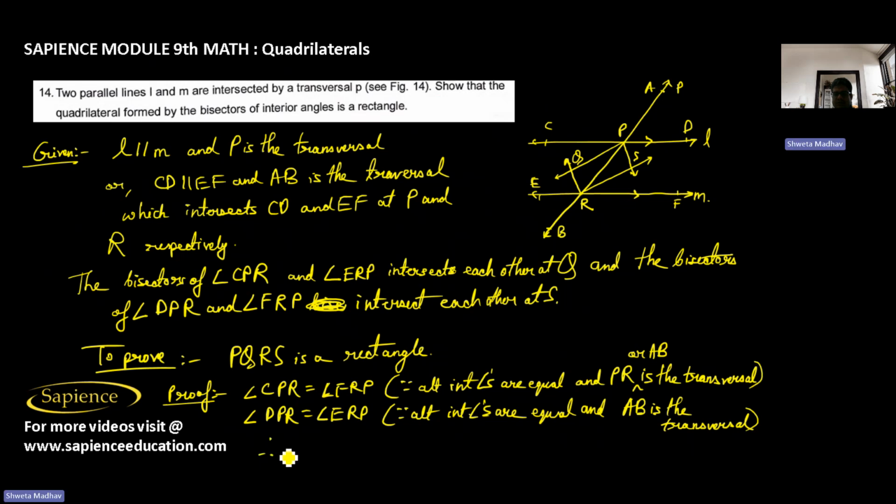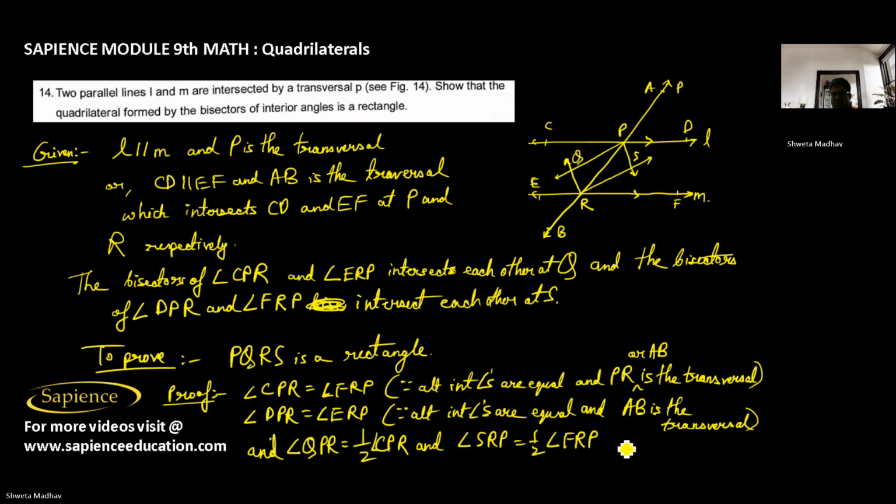So therefore, I can say now that angle QPR is equal to half of angle CPR, and angle SRP is equal to half of angle FRP.